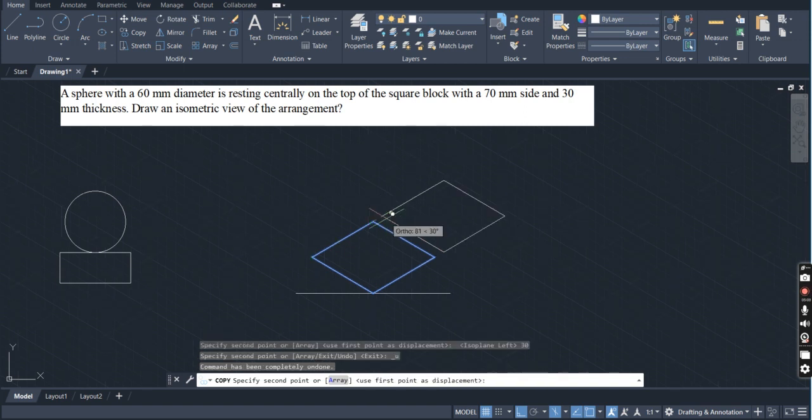Sorry, it is not in the right isoplane. Select isoplane left.